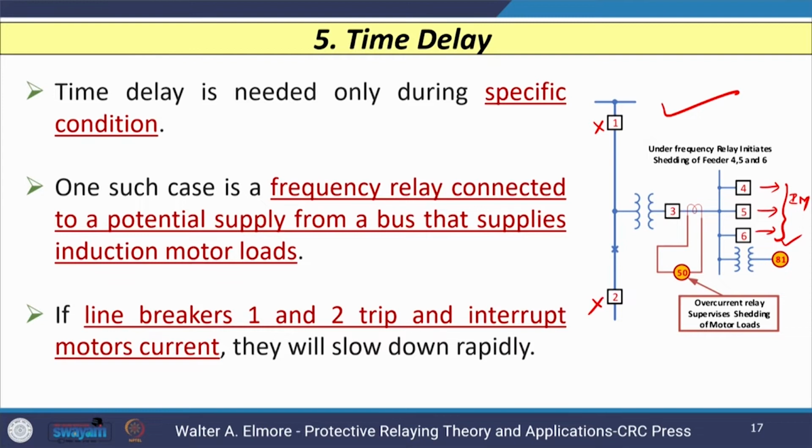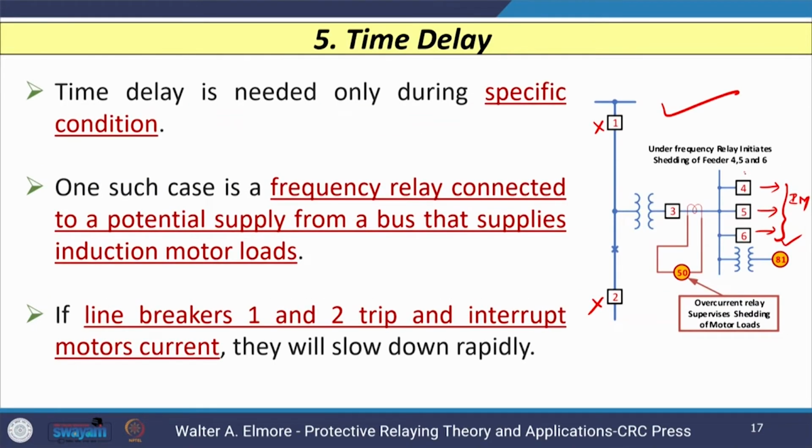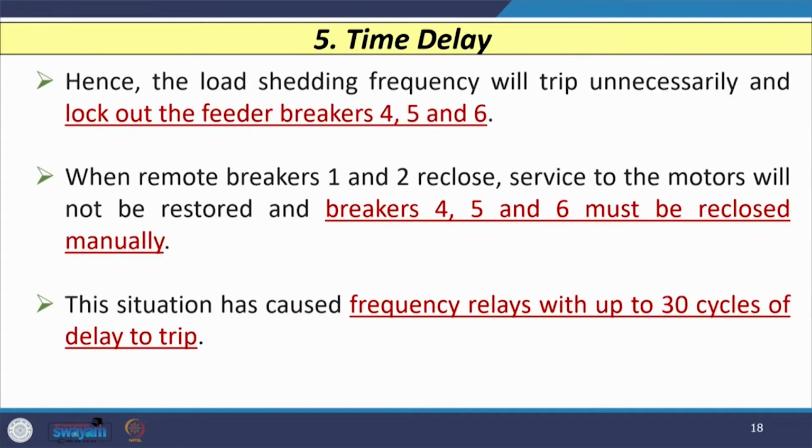If these 2 breakers trip, then that is going to interrupt the supply to the induction motors and their speed will drastically reduce, and because of that your breakers number 4, 5 and 6 will trip and go into lockout condition. After tripping, they will not be reclosed because they are in lockout condition.